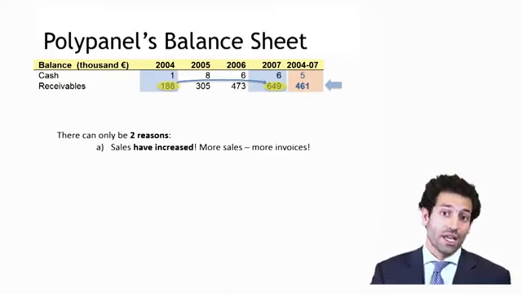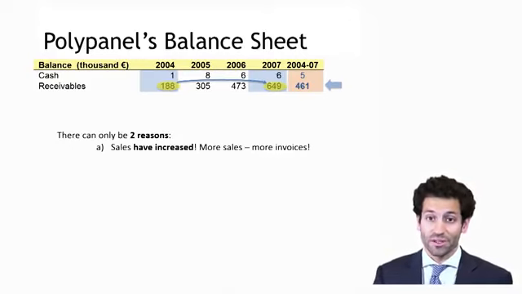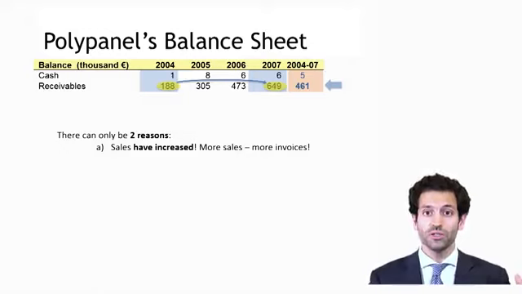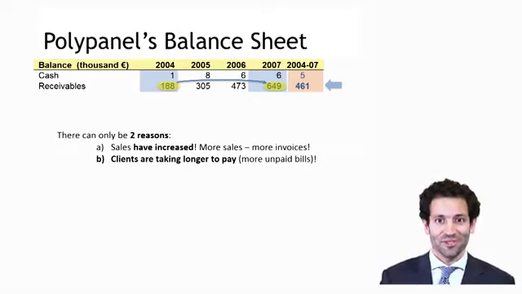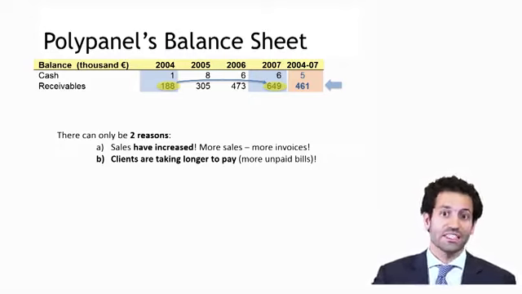So the more sales, the more invoices, so the more receivables. But it could be the case that even with the same level of sales, we might have receivables that are increasing. And this could be due to the fact that customers are paying later and later. So the invoices in your box of invoices are being accumulated there, so your collection period is extended.